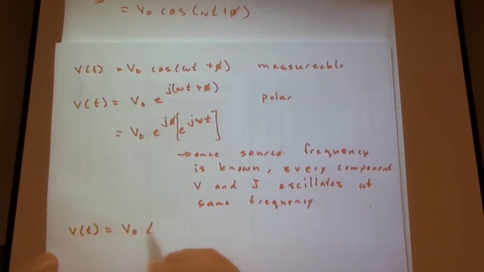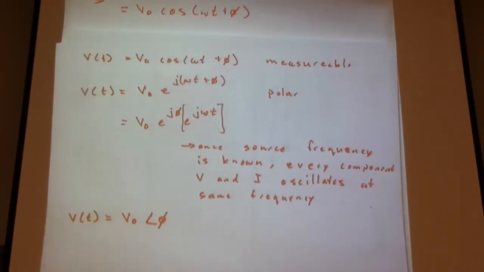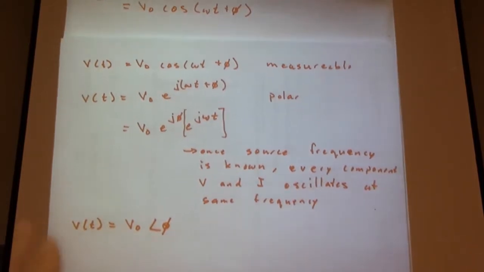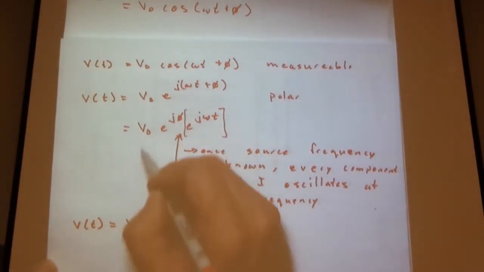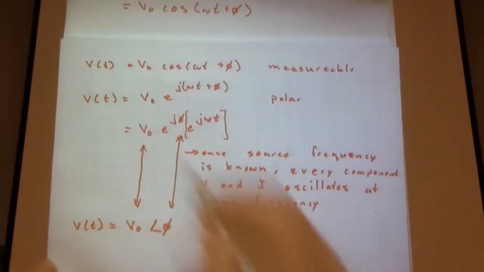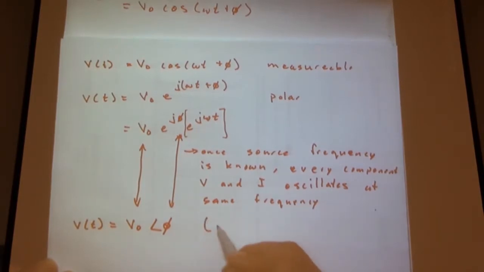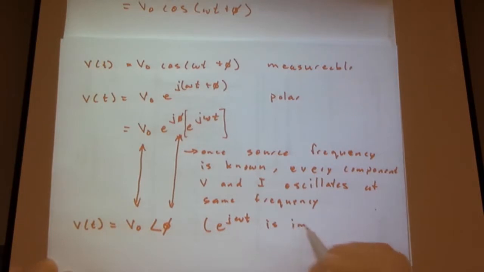V naught angle phi. And so all three of these are equivalent. Here's the same phase. Here's the same amplitude. But in this case, the e to the j omega t is implied.